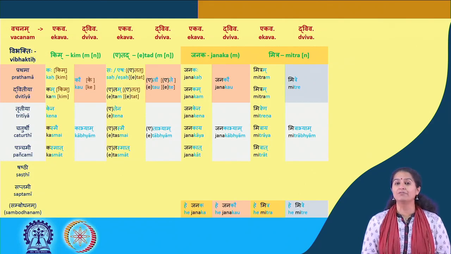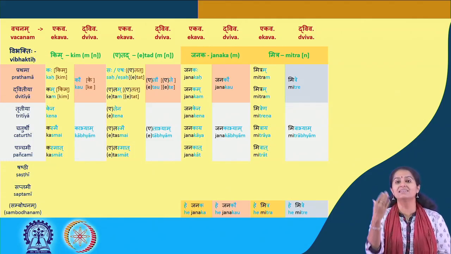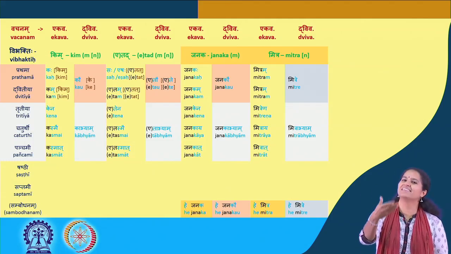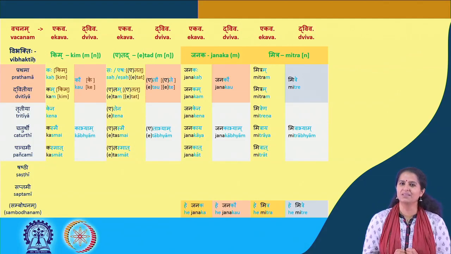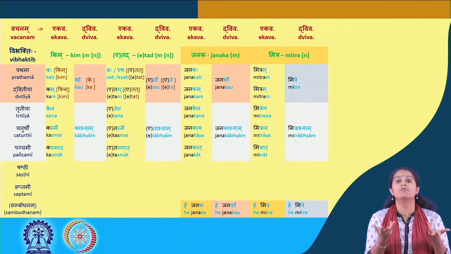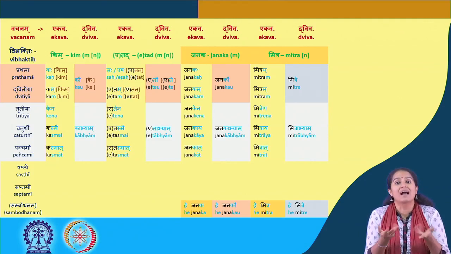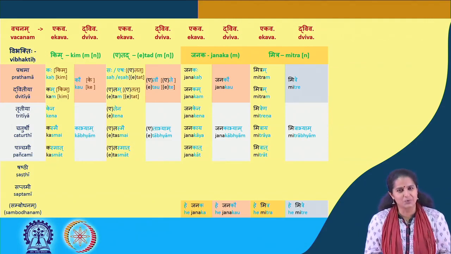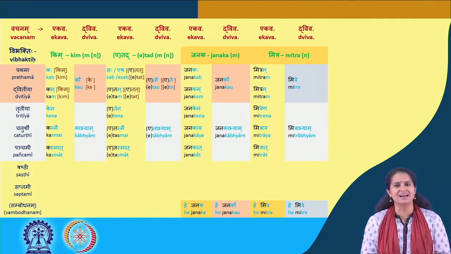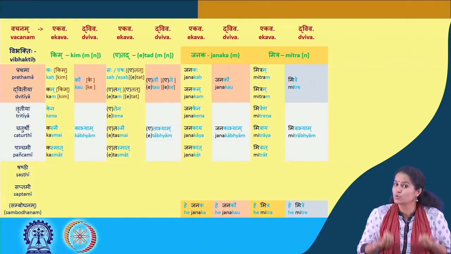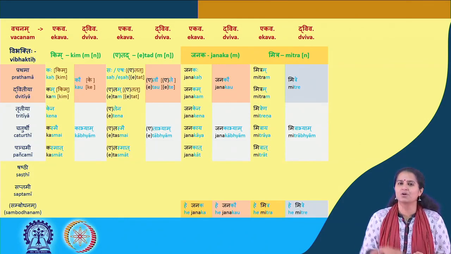And then the final one, the fifth case, which is kasmat swikaroti, answer from that friend, tasmat mitrat swikaroti. Uttamam. And the dual case, from which two people do you take, which two friends? So kabhyam swikaroti. We'll not put the friends in the answer as yet. So which two do you take from kabhyam swikaroti?